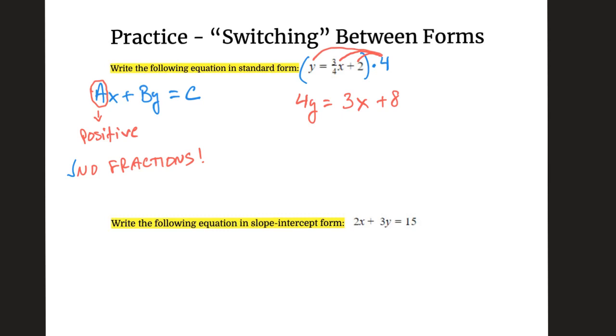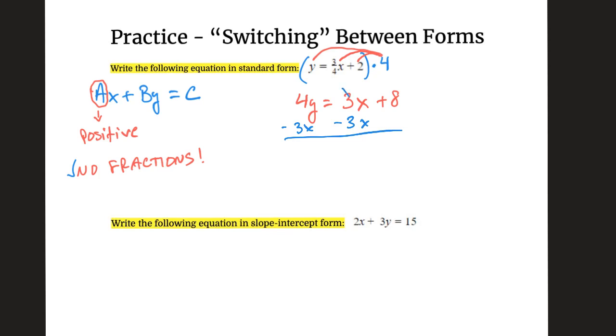But now I want both my x and y terms on the same side of the equal sign, on the left, according to standard form. Right now they're on opposite sides. So I need to move my 3x over to the other side. I'm going to use the inverse operation and subtract 3x on both sides.